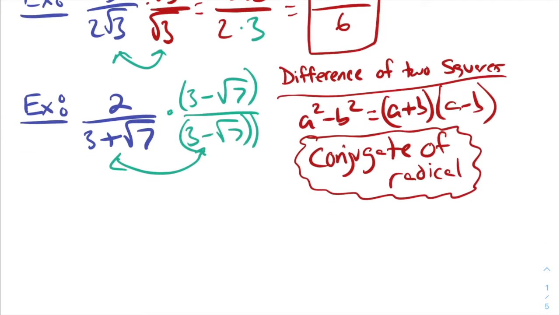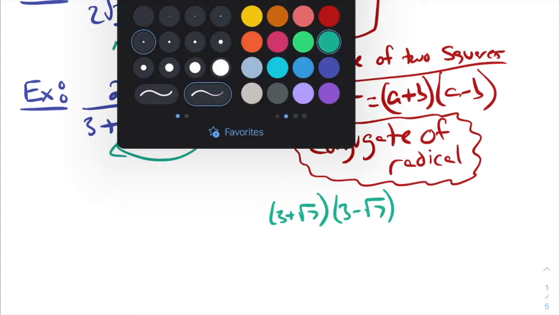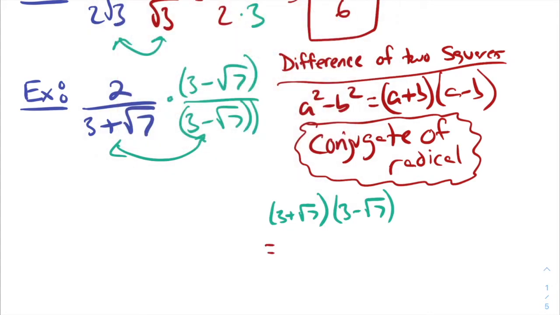For this side work over here for the denominator, we're going to have 3 plus the square root of 7 times 3 minus the square root of 7. Because I have an expression being multiplied by an expression, I would need to expand to find out what this value is. Again, from our previous lesson, we could do either FOIL or an expansion box. We're going to see 3 times 3 is 9.